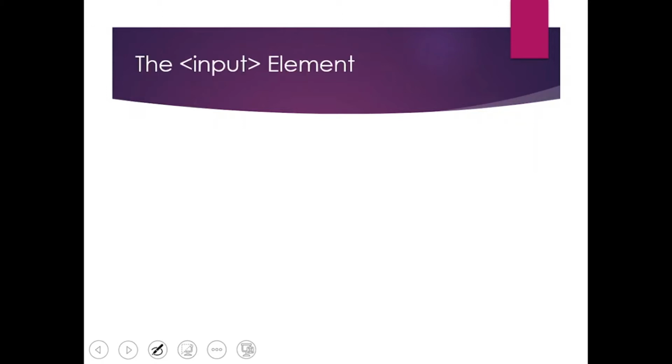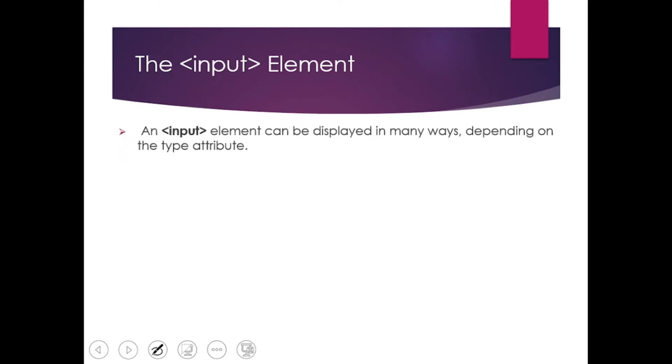So what are input elements? Input elements can be displayed in many ways depending on the type attribute. So we write input, that's the format, type is equal to what exactly we want the input to be seen as on the page.